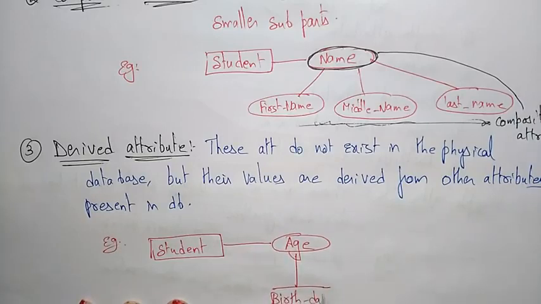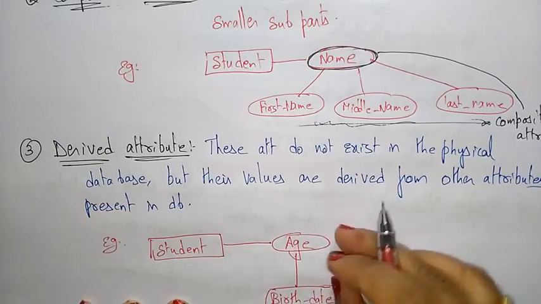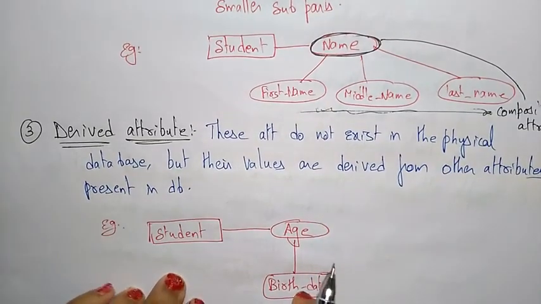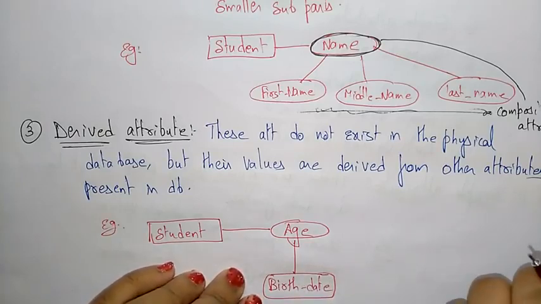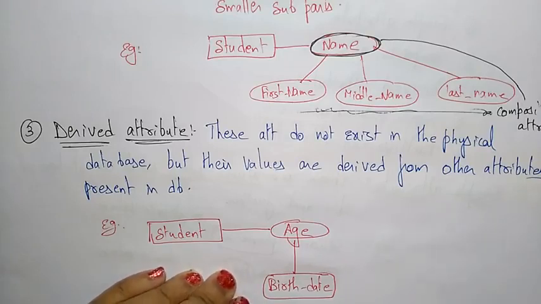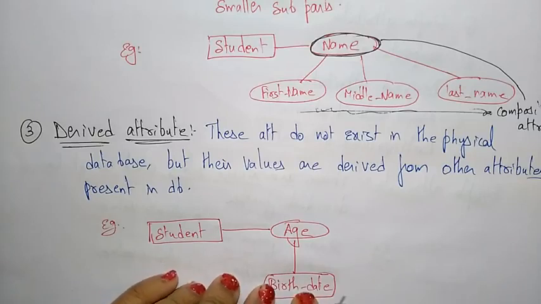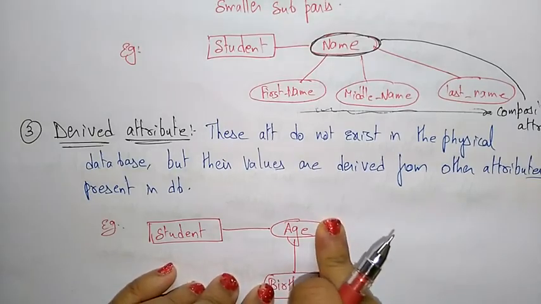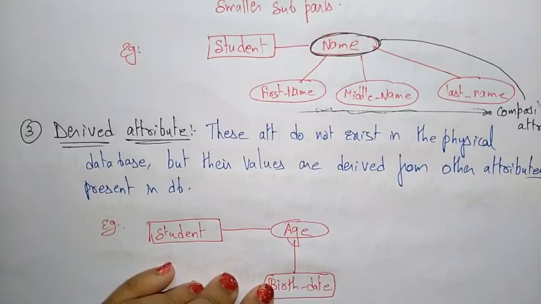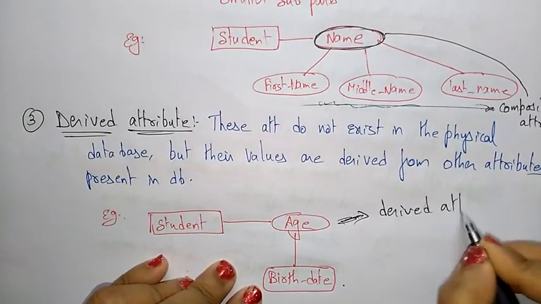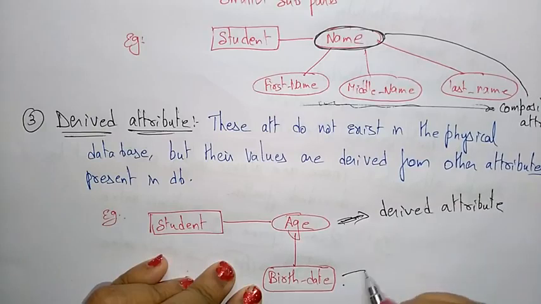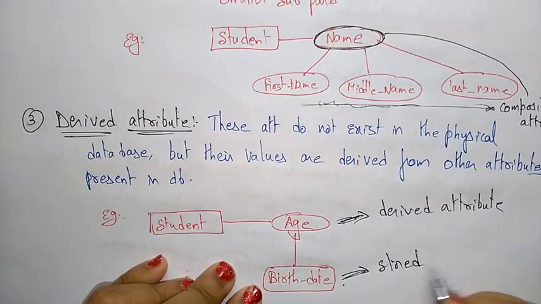If you have the birth date, with its help you can tell the age: in which year, which month and on which date you were born. Only with the date of birth can that person's age be calculated. Here age is derived from birth date. This you call a derived attribute, and this you call a stored attribute.